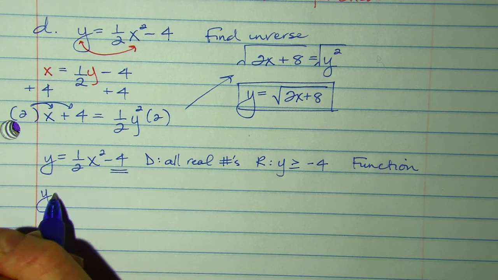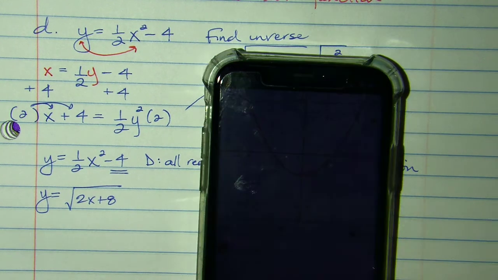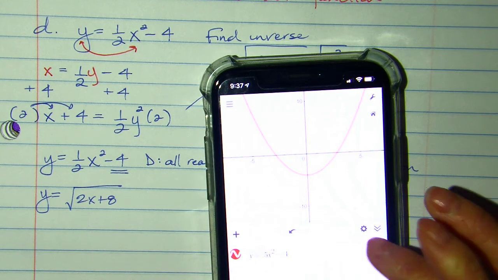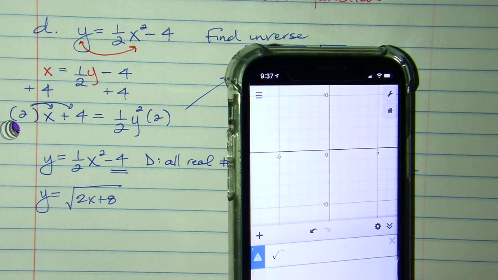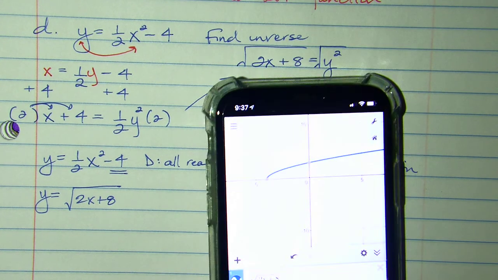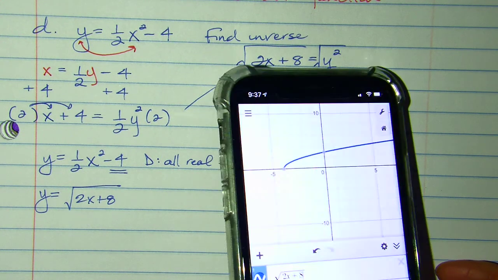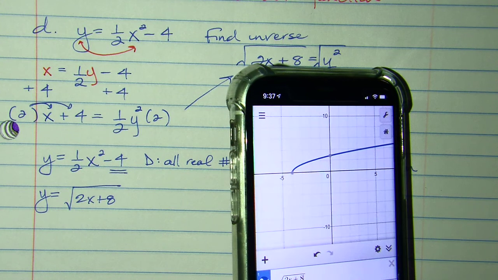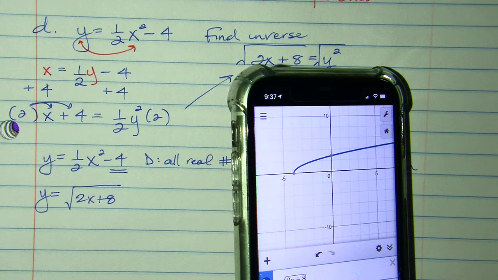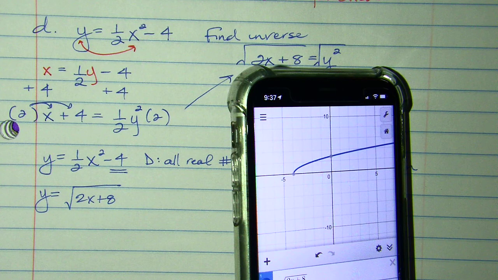Now I'm going to check my inverse, the square root of 2x plus 8. So I'm going to enter that now. So y equals the square root of 2x plus 8. And so notice here, there we go. It is already limited, but notice my domain, I only have the top part of my graph.